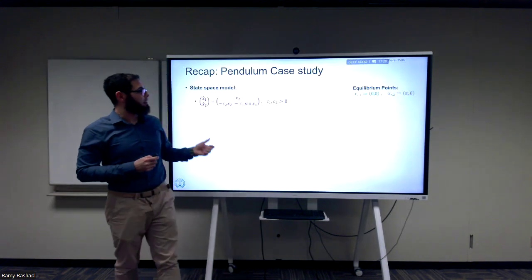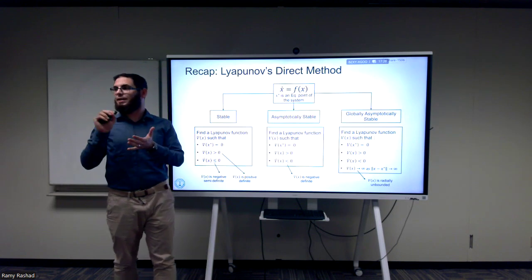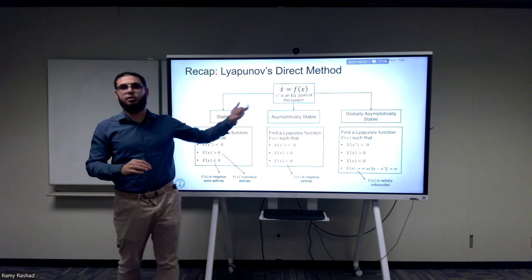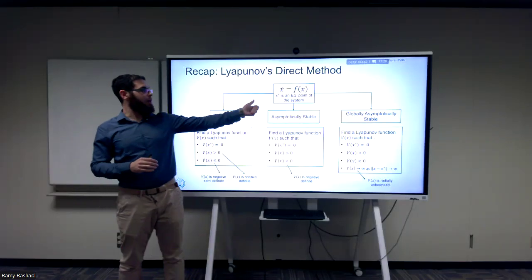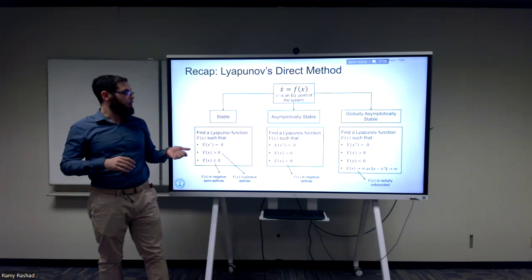Then we looked at Lyapunov's direct method, which looks not only at the linearization, but it takes the whole nonlinear system as is. So x dot is equal to f of x. And we're going to be studying one of these equilibrium points. We'll be doing it separately for each one.